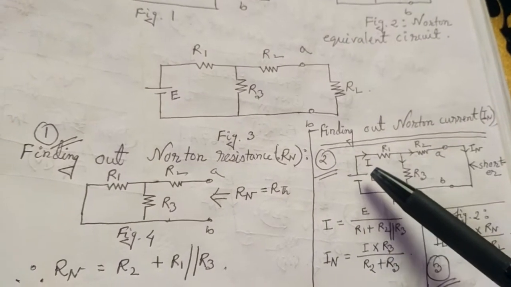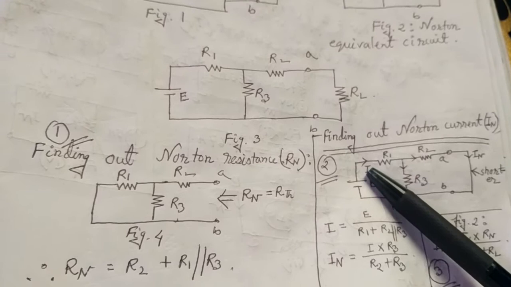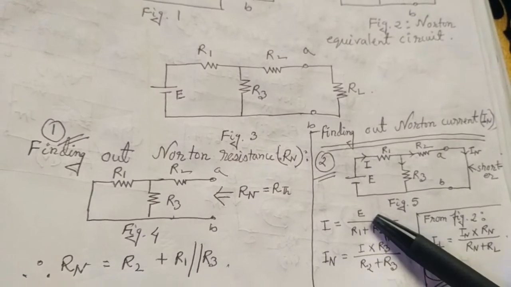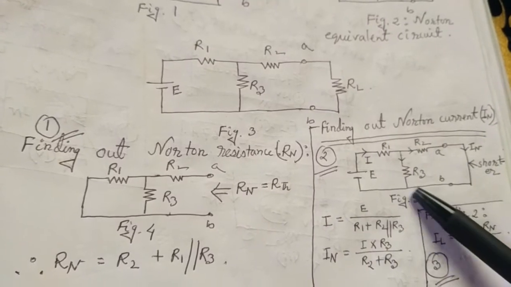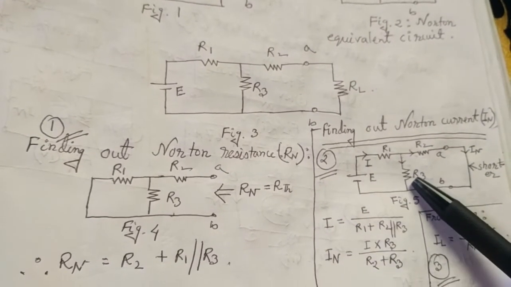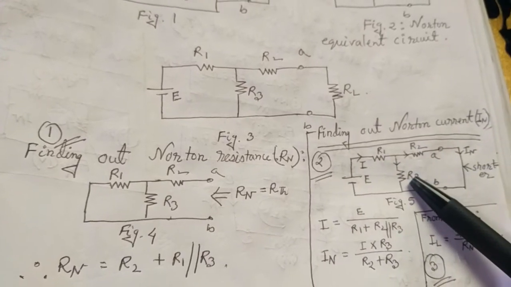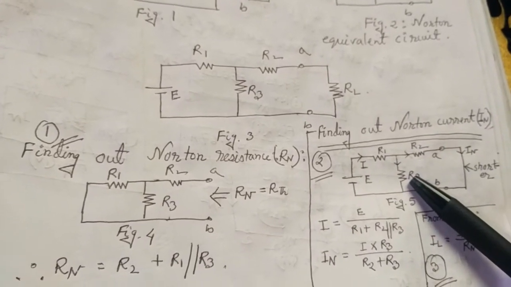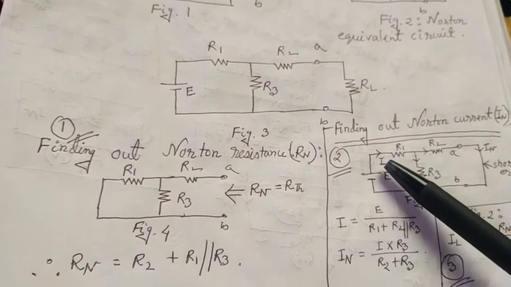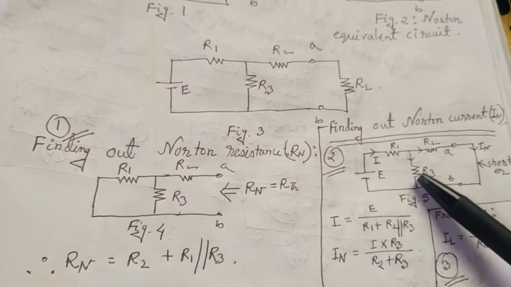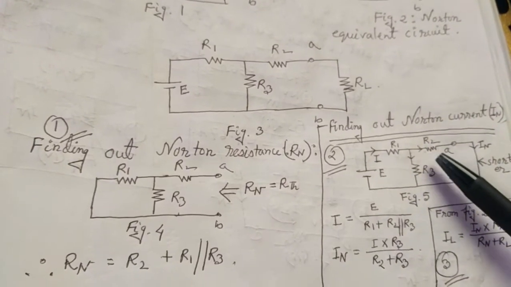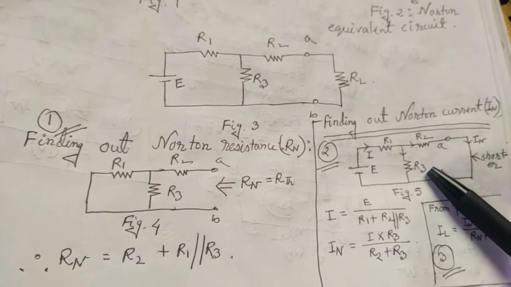So we can determine first the total current I equals the total voltage source E divided by the total resistance in this circuit, R1 plus R2 parallel R3, because R2 and R3 are in parallel connection. Since we know that parallel means current divided, you see this current I is divided in two parts, this R3 and this R2. That's why R2 and R3 are in parallel connection.